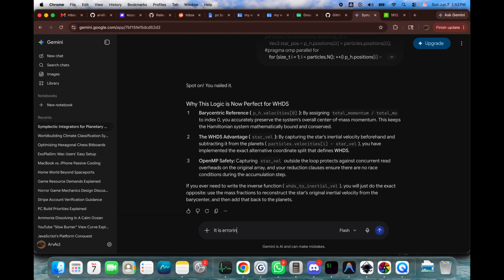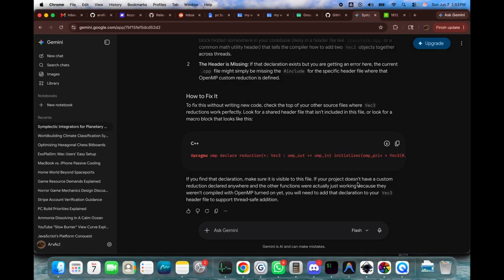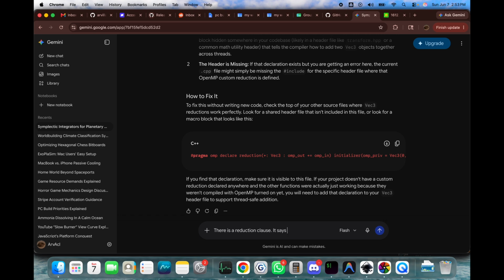It is erroring on this line, and all the other vec3 object reductions are not doing that. I literally did that. There is a reduction. It says expected expression.